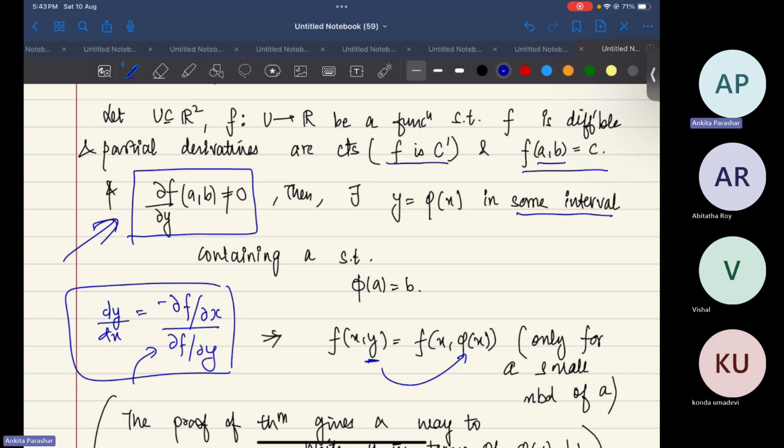We should have some example where we can see that this condition is actually required. Are you getting what I'm saying, or is it getting confusing? Ma'am, repeat once again.